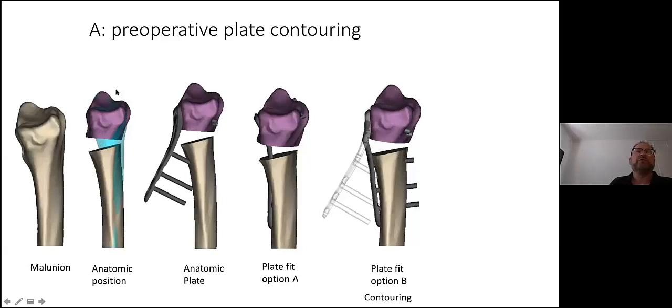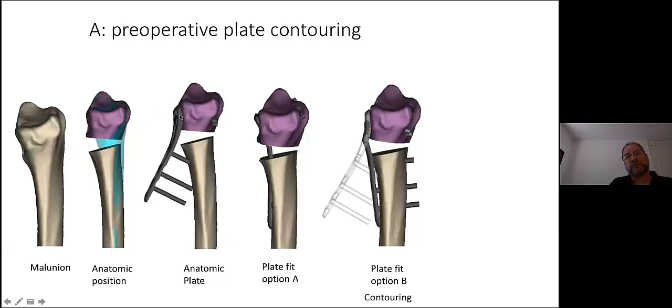So if we move the distal fragment to the desired position, we get this kind of appearance. So the anatomical plates, you saw a lot of different plates, but there are actually no plates that fit in a way like this.